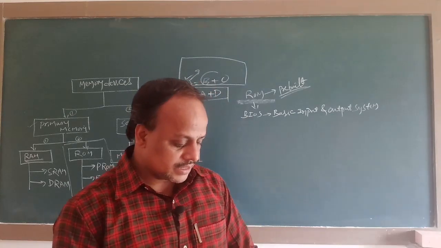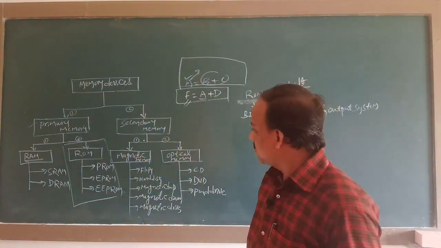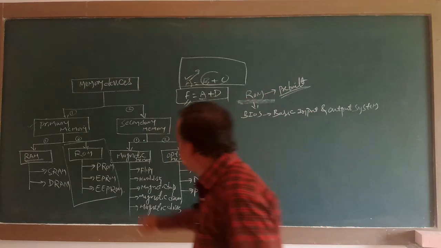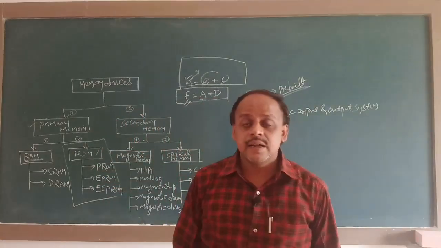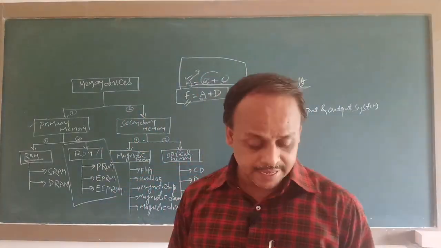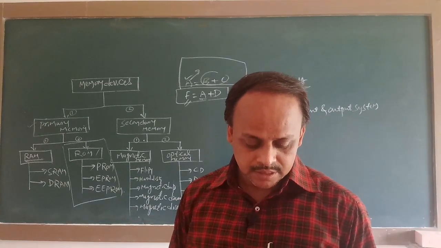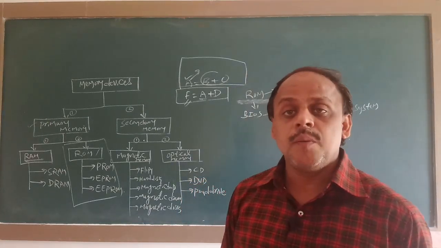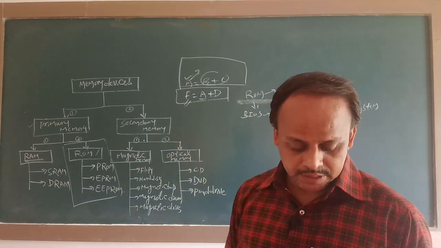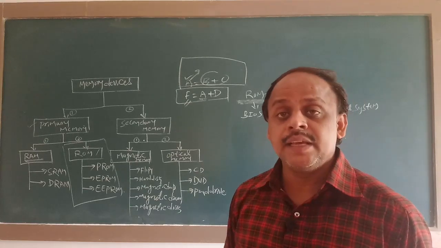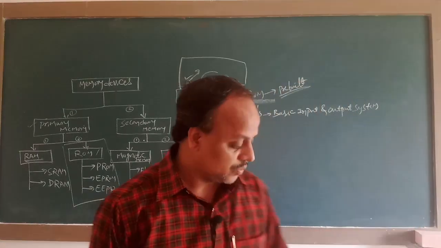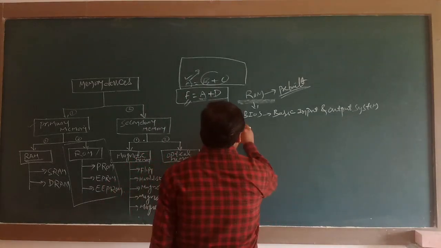And next, we can see this ROM chip contains again three different types. They are PROM, EPROM and EEPROM. That is, we can differentiate it like this.